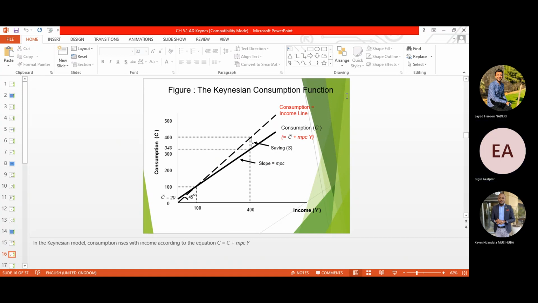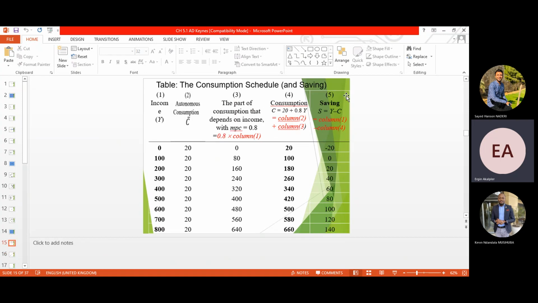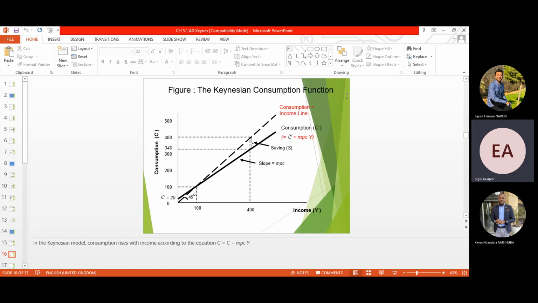And this is then, as I said to you, in this fifth line, which gives you the saving. This amount is the saving, because the slope is the marginal propensity to consume.